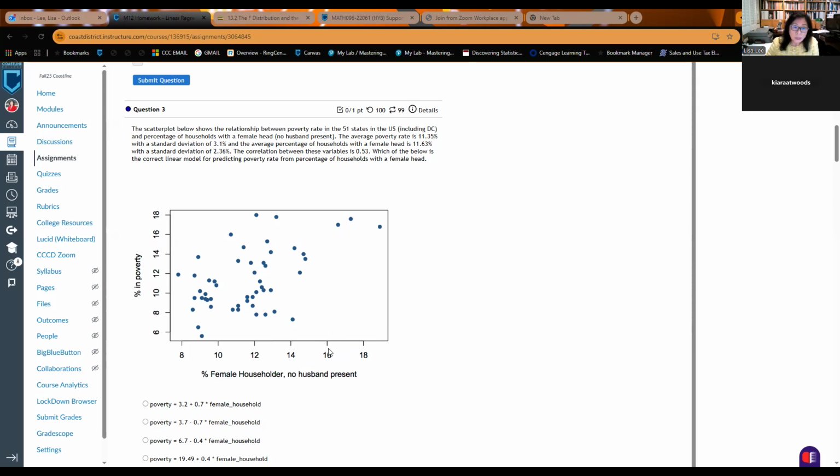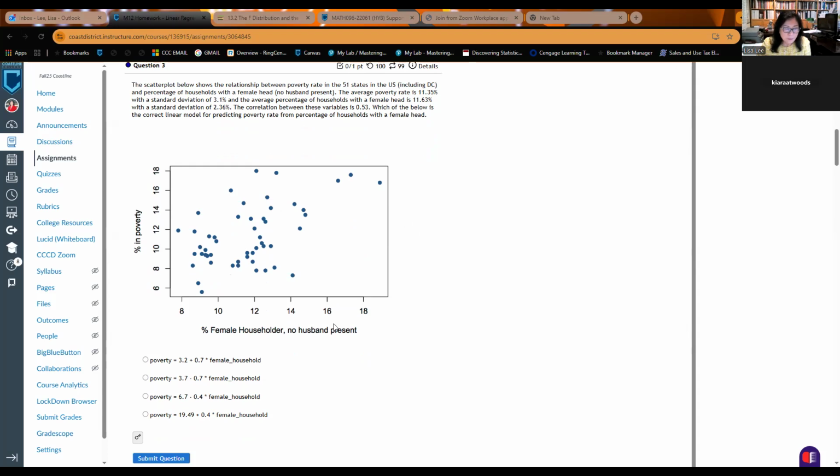So it looks like if the percent of female households is higher, poverty is also higher, staying on the right side here. If you look at 18% female household states, their poverty percent is higher, higher than 16%, close to 18%. There are 3 points here. So we can think of some slope going up there.